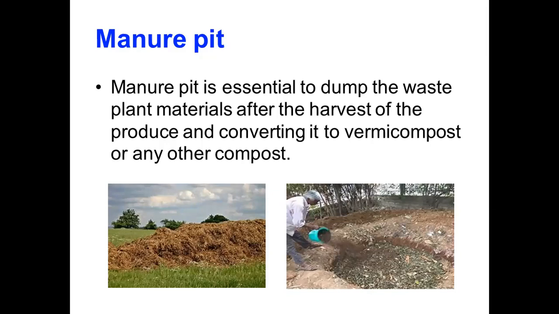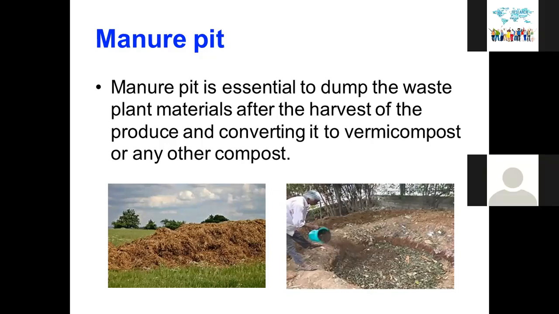So compost manure is simply manure that is made from vegetation remains. For example, you are weeding in your garden, and there are a lot of weeds that you have pulled out of the garden. Where do you throw those weeds?